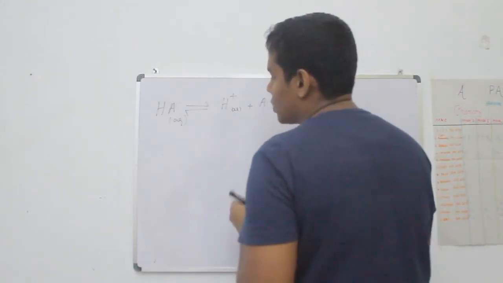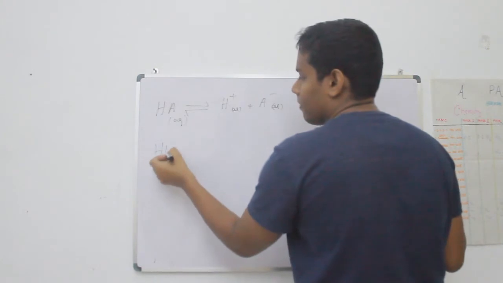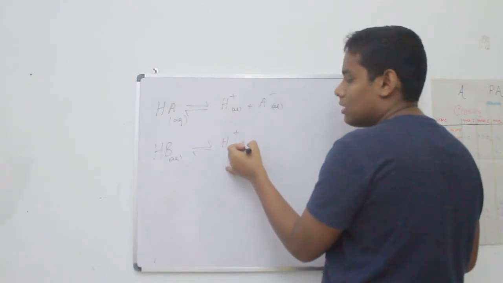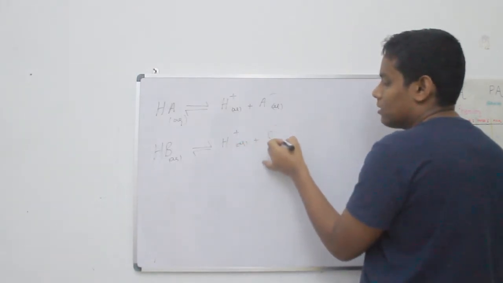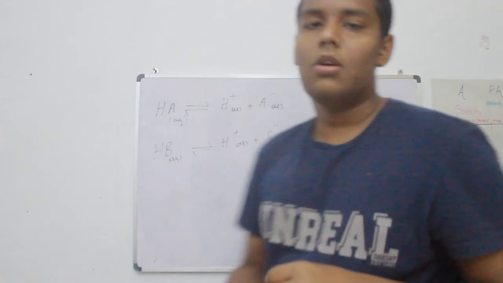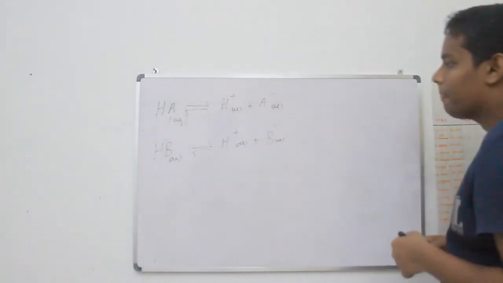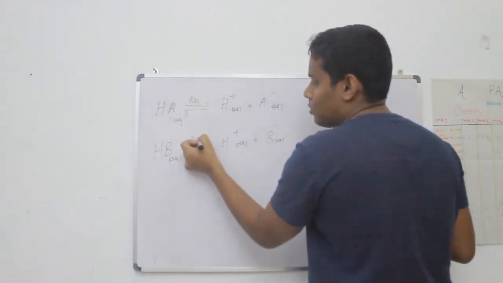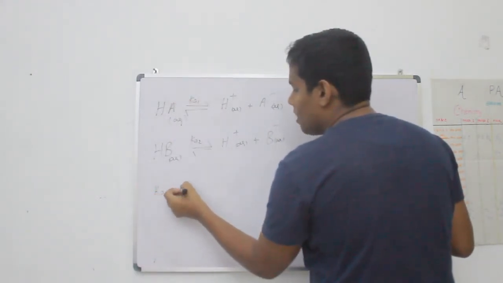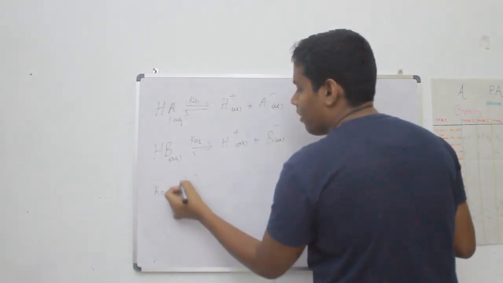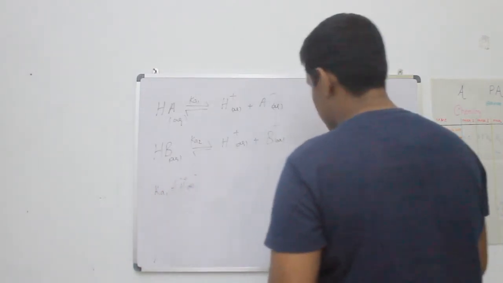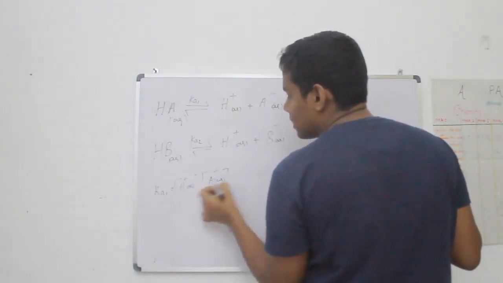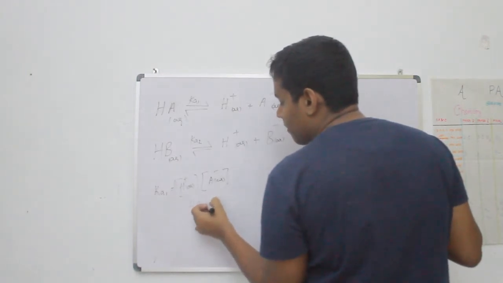The equation for HB will be HB aqueous giving you H plus aqueous concentration plus B minus aqueous concentration. This is Ka1, this is Ka2. Ka1 equal to H plus aqueous concentration into A minus aqueous concentration by HA aqueous concentration.